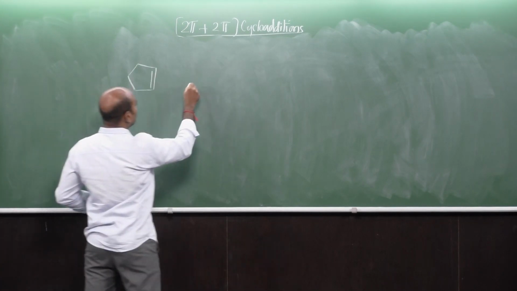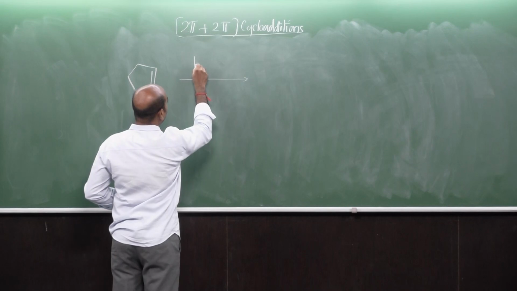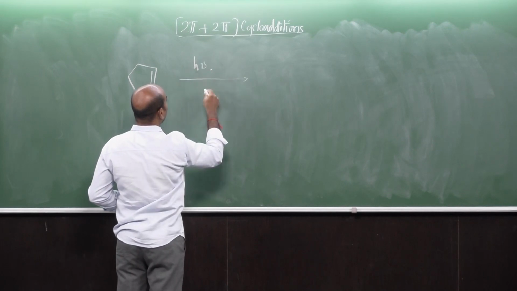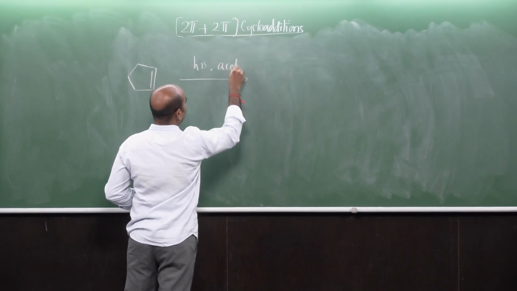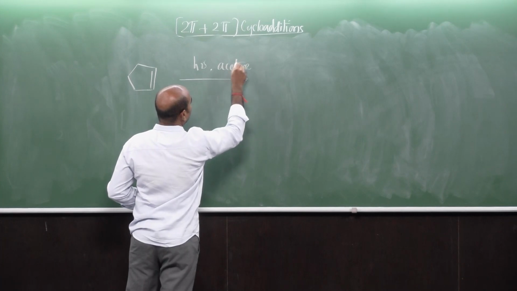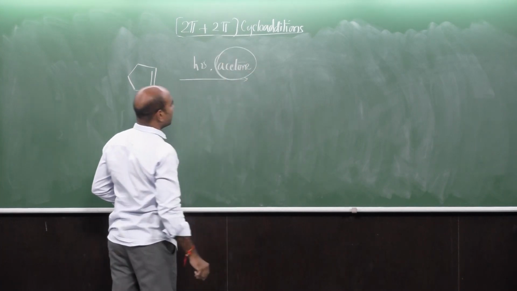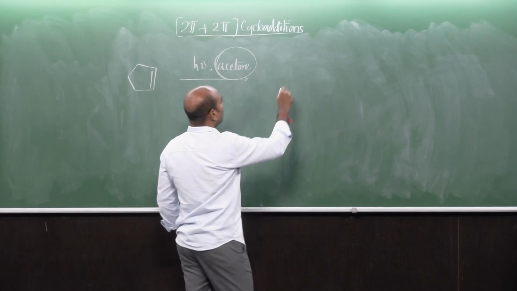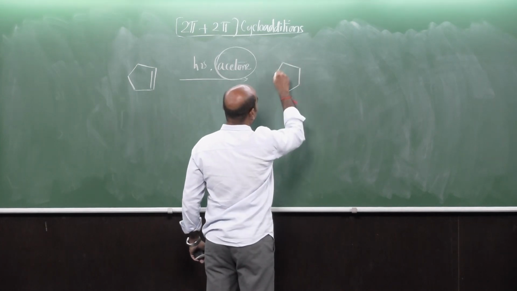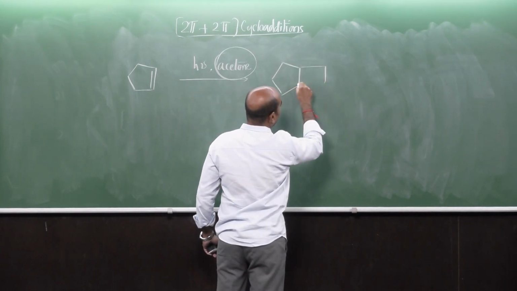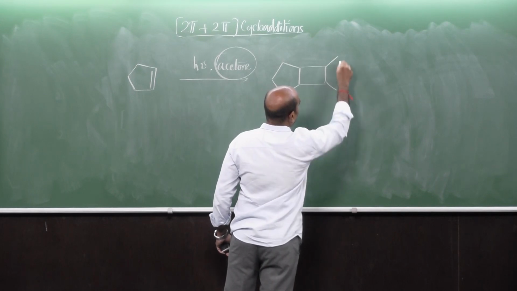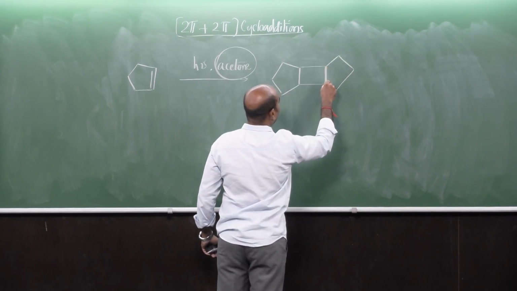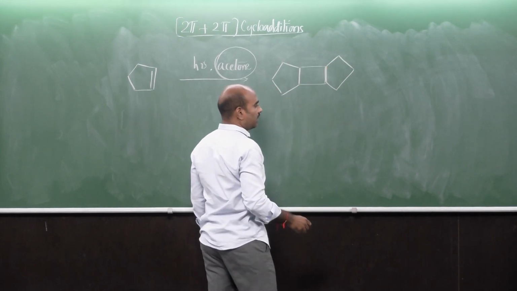Okay. So, under photochemical conditions in the presence of acetone, acetone is the sensitizer here, you will get to see these dimers.